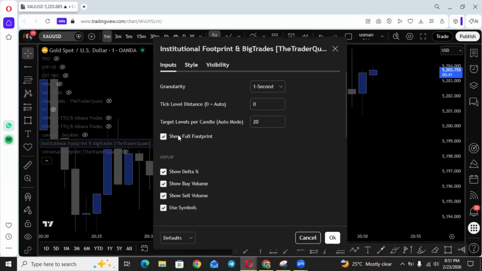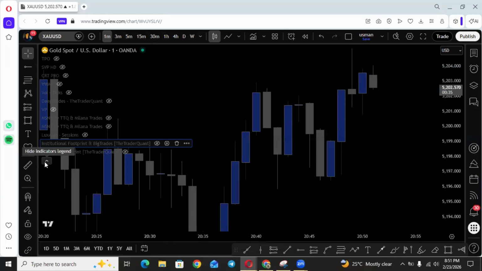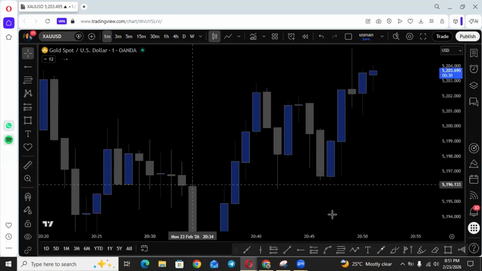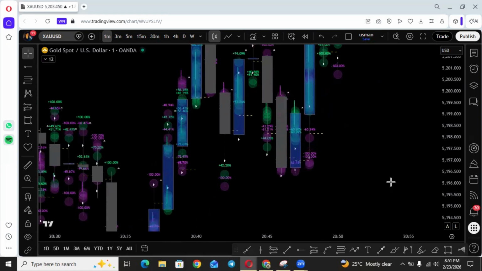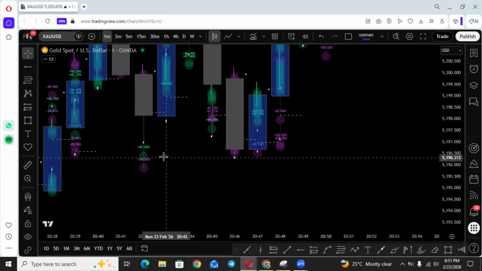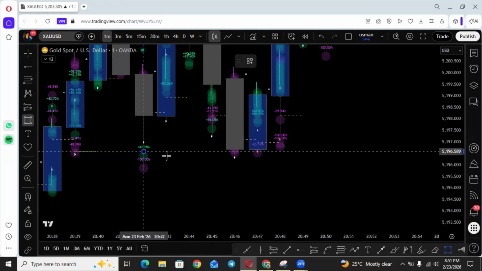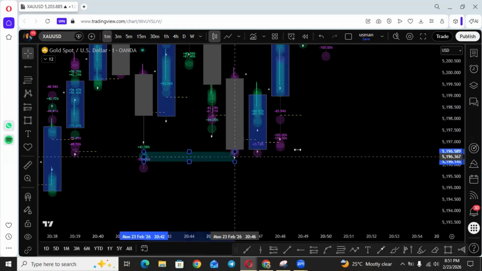So if I uncheck this option, show full footprint, you will see the big trades tool. Let me turn this on. You will see the imbalance in the form of bubbles. What happened at this point? You can see the bubble here. That bubble is representing an imbalance.